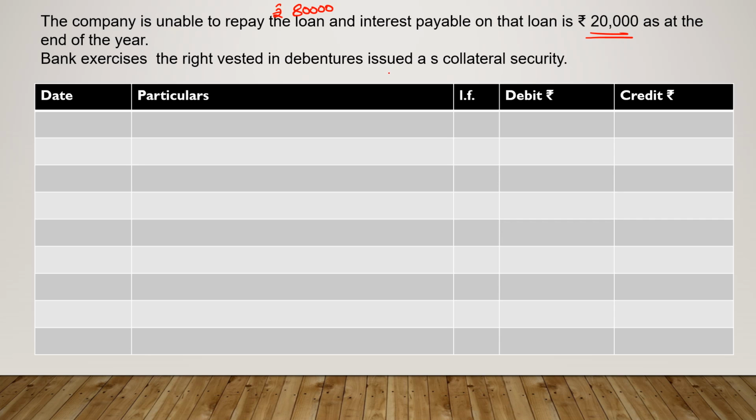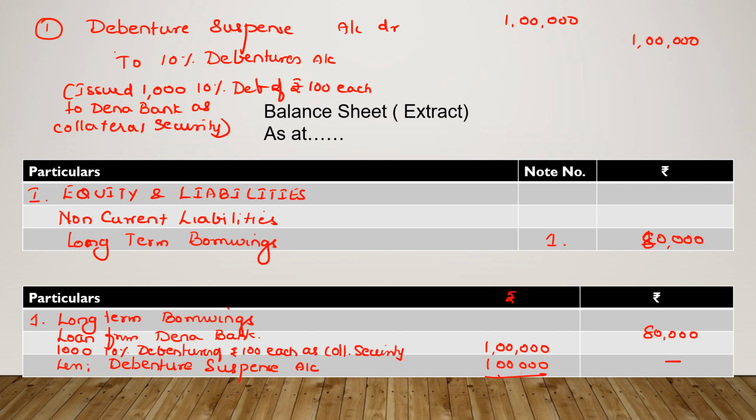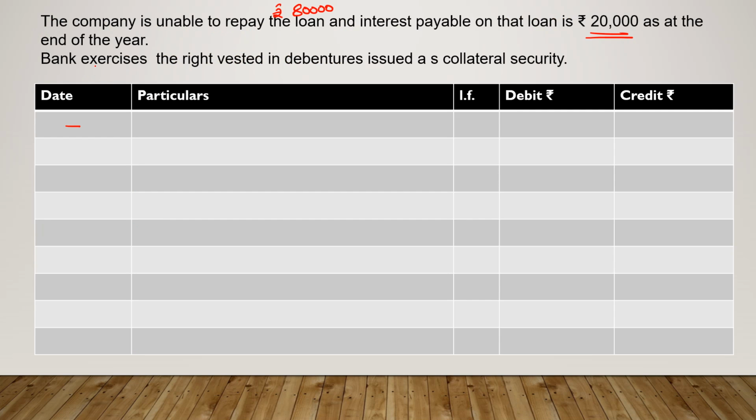So first thing what you have to do in this case is, as on that particular end of the year, write that date and you would reverse the entry that was passed. That is, you would reverse this particular entry which was passed when the debentures were issued as collateral.